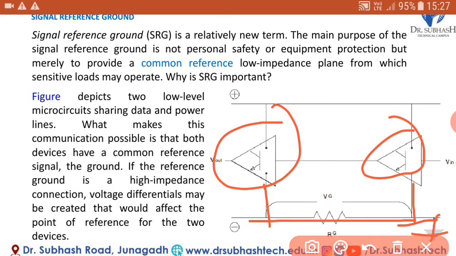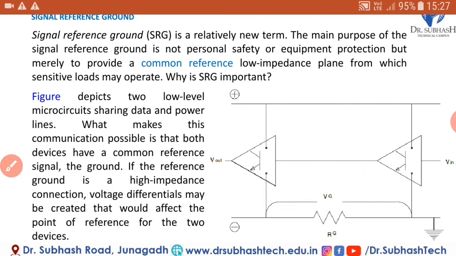If the reference ground is a high impedance connection, voltage differentials may be created that would affect the point of reference for the two devices. It means that due to this distance, there may be a difference between the ground potentials of these two.